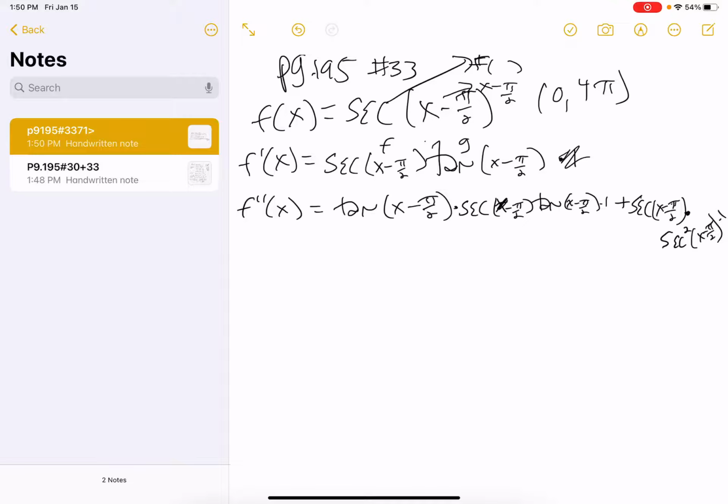Okay, so let's do a little bit of simplifying on that. I'm going to take a secant out just to try and make it look a little nicer, maybe. There's 2 tangents.